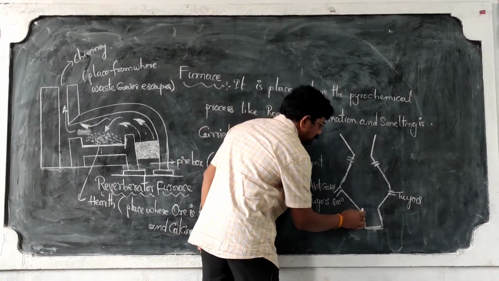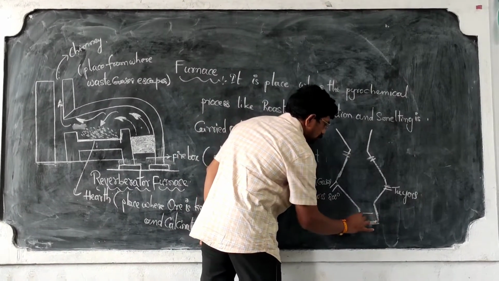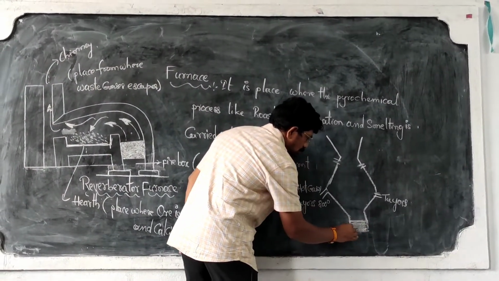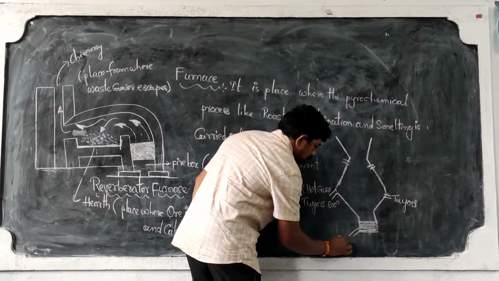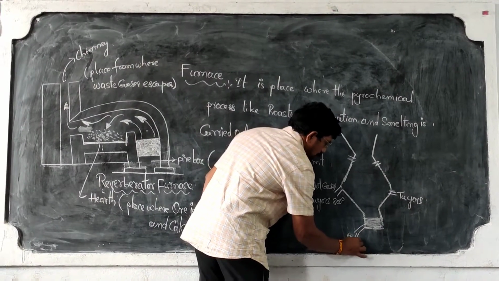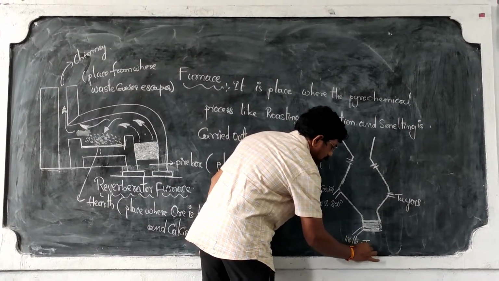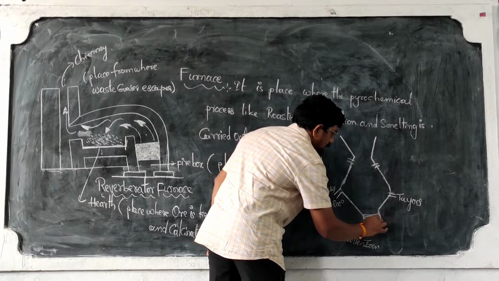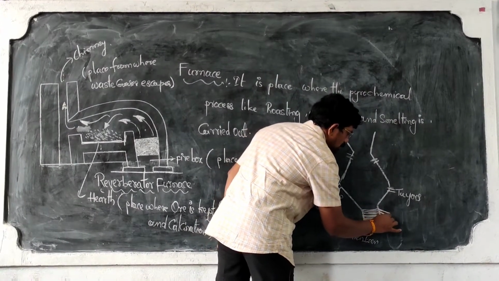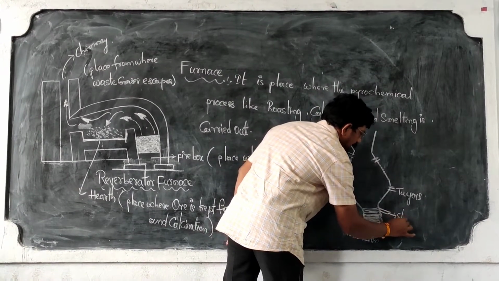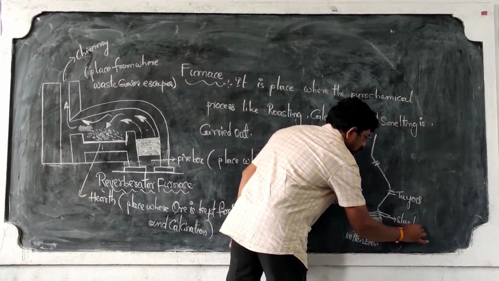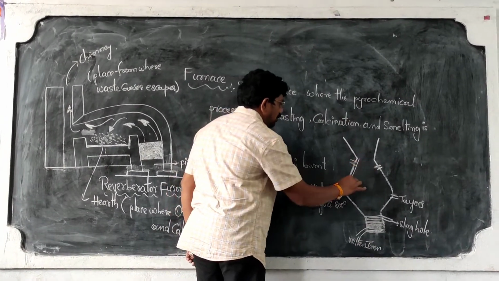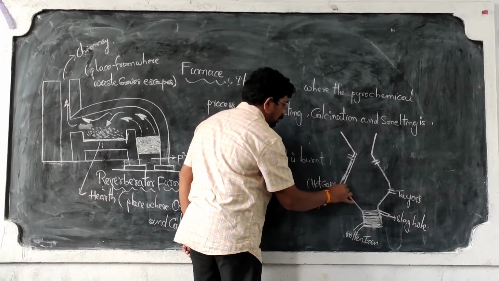Next one, this is the molten iron outlet. Next, above this there is another hole. This is known as a slag hole. And the inner part is lined with fire bricks.